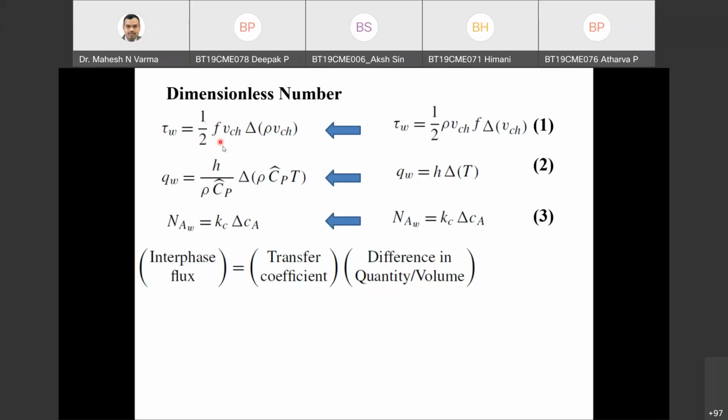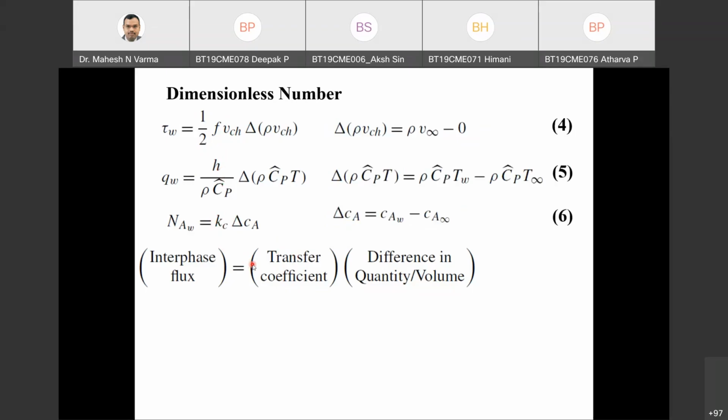So half friction factor into velocity in momentum transfer is called a transfer coefficient. H is generally termed the heat transfer coefficient, but that is not a generalized transfer coefficient. H by rho Cp is a generalized transfer coefficient. Similarly, Kc is a mass transfer coefficient.